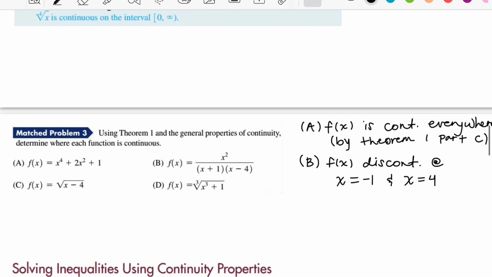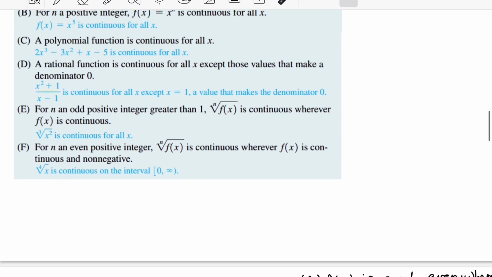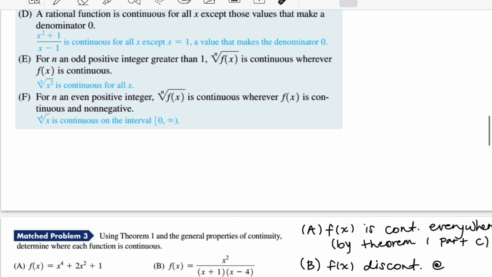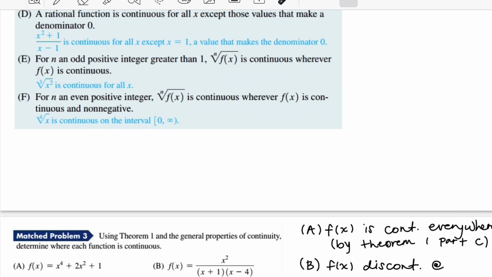All right, now part C, we have this radical here. And we're told by part F of our theorem that if we have this square root function for an even positive integer here, it'll be continuous everywhere that f of x is continuous and non-negative. So we have this square root here, so our n value is 2 and therefore even.